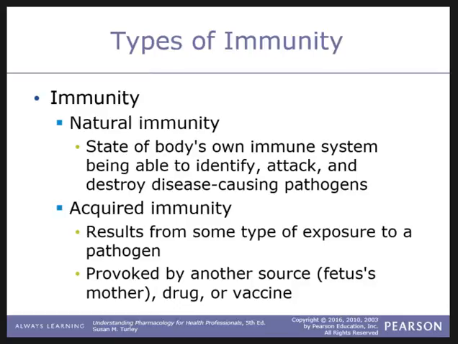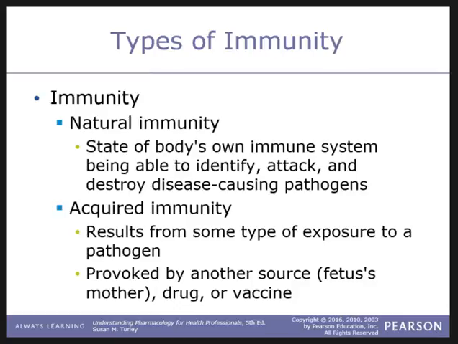And then there is also acquired immunity, and that results from an external exposure, like through vaccines, drugs, or to a fetus through its mother, either in utero or through colostrum in the nursing of the breast milk component.